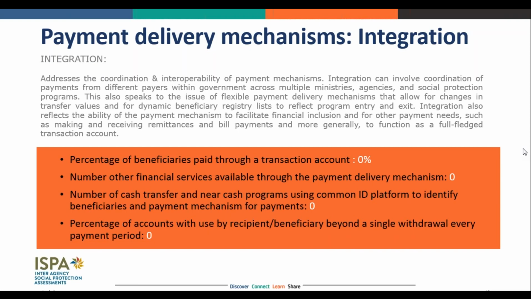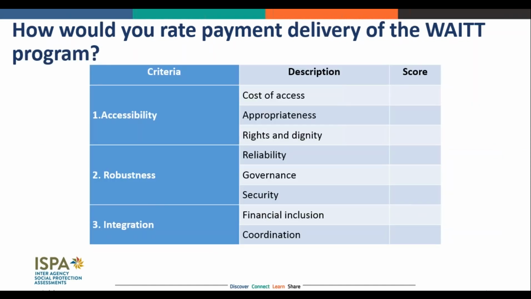If we move on to slide 19, integration, looking at financial inclusion and coordination. So financial inclusion is really, is there a provision of an account or not? Because it's a cash-based disbursement, there is no account involved.